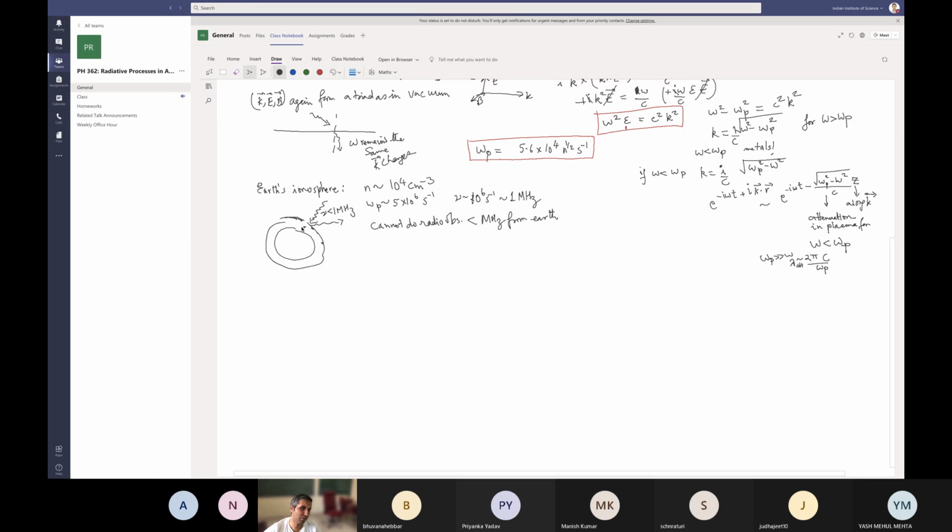A lot of early radio transmission, radio communication relied on the ionosphere. So they would send radio waves and that would get reflected and received elsewhere. Okay. What else?